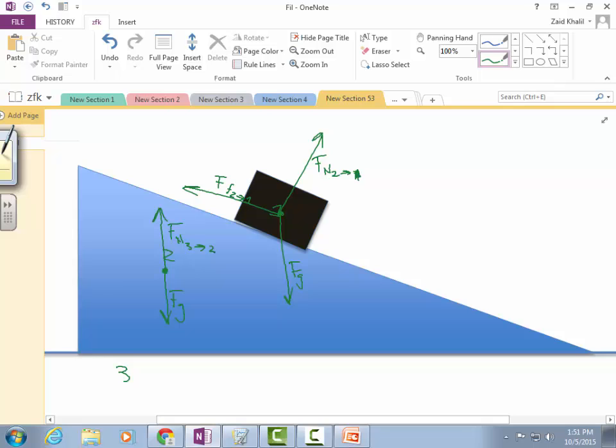Stay focused, ladies in the middle row. What else? Yes? Normal force of 1 on 2. And where's that directed? Down. Fn of 1 on 2. Notice it's equal and opposite to Fn of 2 on 1.